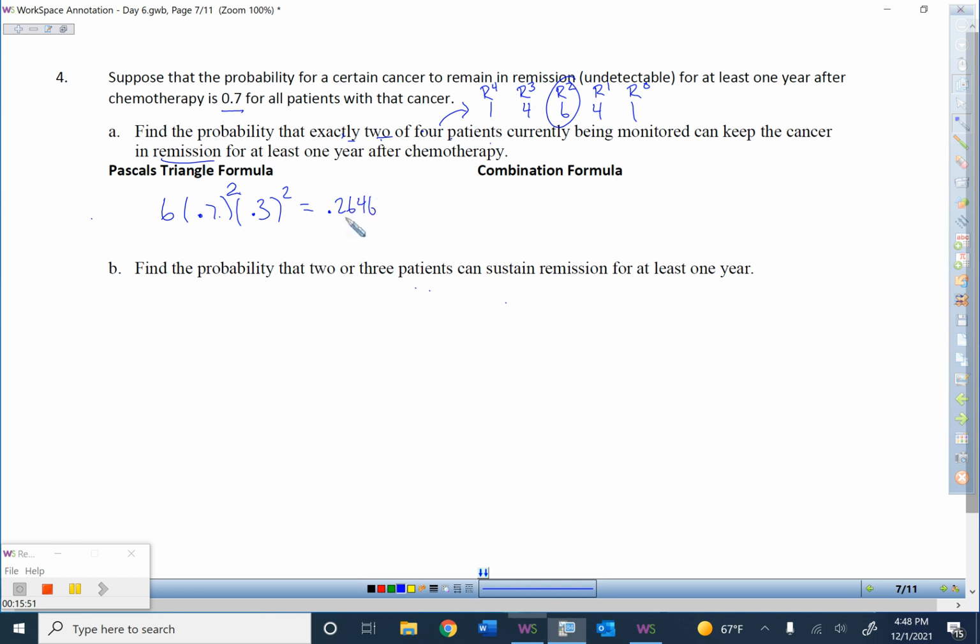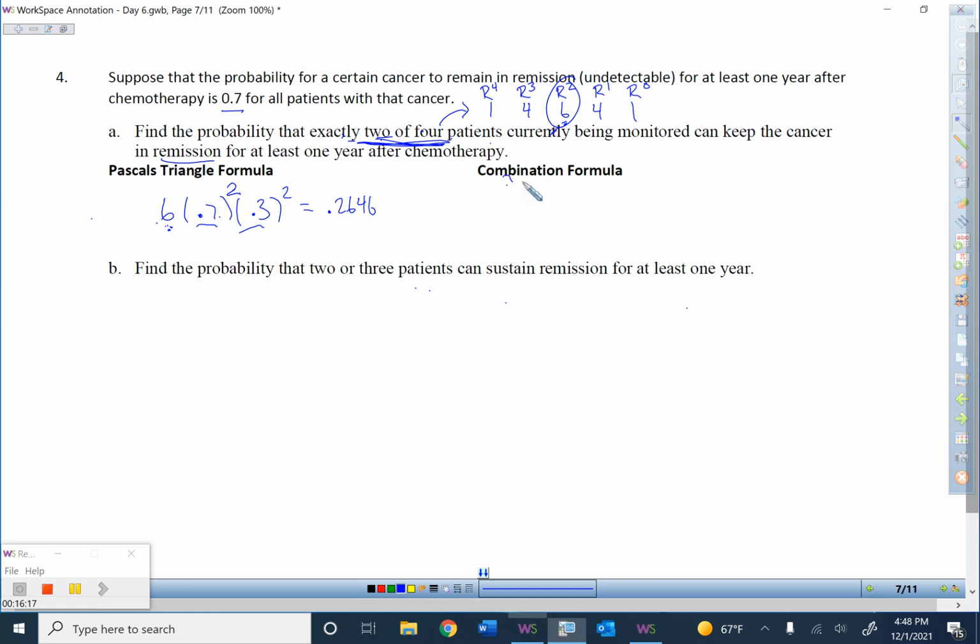Okay, but I told you this number represents a combination based on this statement right here, and usually that's honestly easier to write out. I usually only use Pascal's triangle when using equally likely outcomes, like the heads and tails problems we were doing, or if we see something like at least, and I'll get to that in a minute.